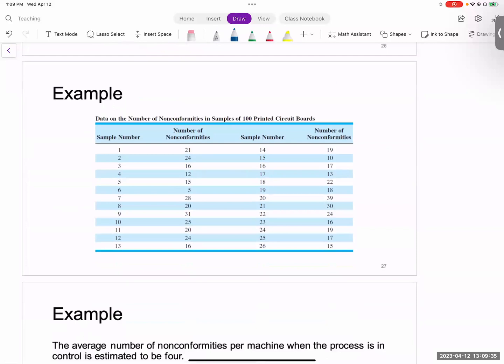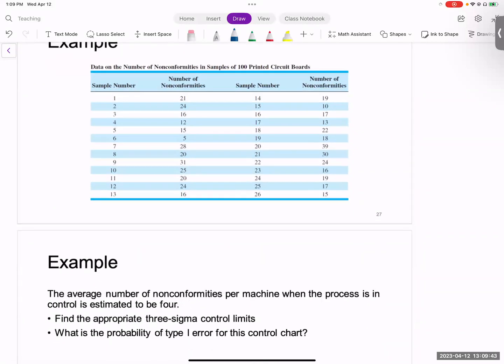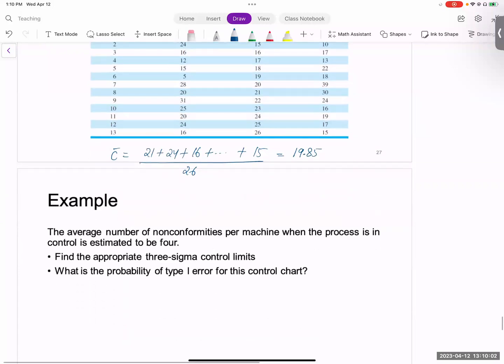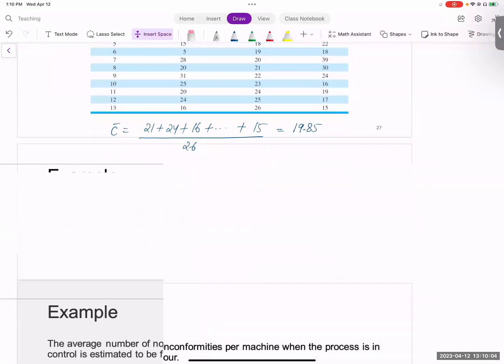Let's say you have sample numbers running from 1 through 26, and for each sample you have the number of non-conformities. You can compute C bar from this example. C bar is equal to 21 plus 24 plus 16 plus ... up to 15, divided by 26, and that gives you C bar as 19.85. Once you have C bar, you can easily compute the control chart.